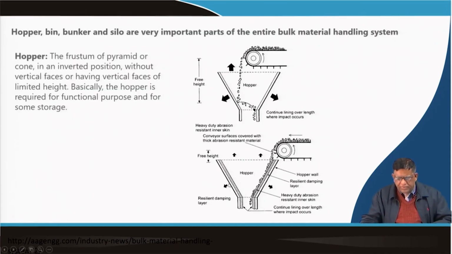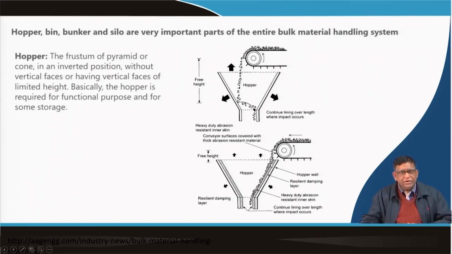In that hopper, depending on the hardness or the abrasivity of the material, we had a liner, which also dampens the speed at which the material is coming.